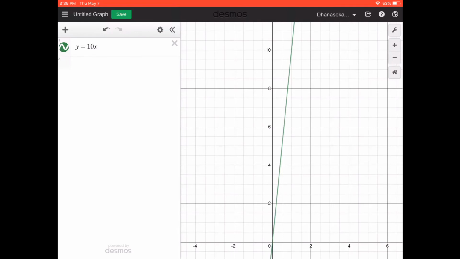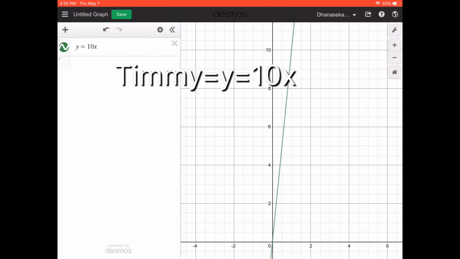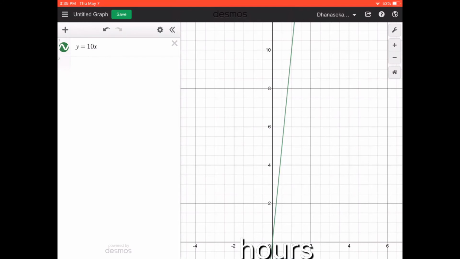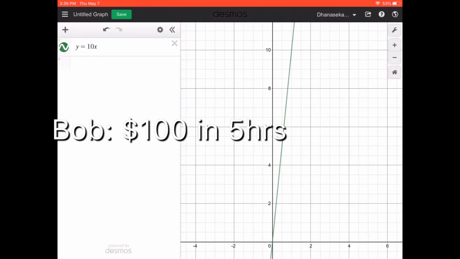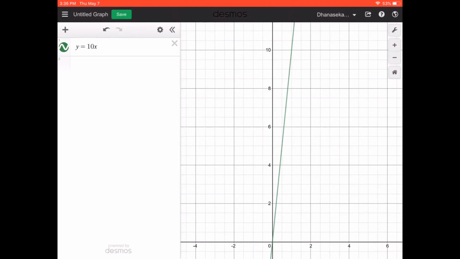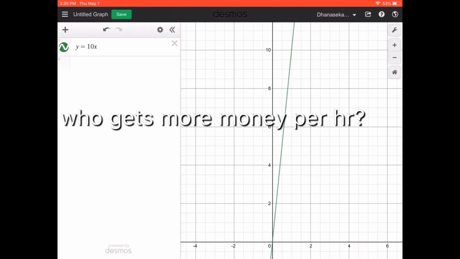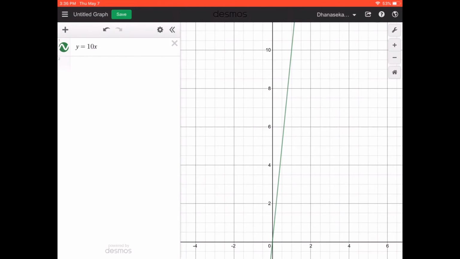If Timmy's equation at working at McDonald's is y equals 10x, where x is hours and y is the total amount of dollars he gets, that's basically dollars in correlation with hours. So if Timmy's equation is y equals 10x and Bob earns $100 for working for 5 hours, which one gets the most money in 1 hour? Simple.